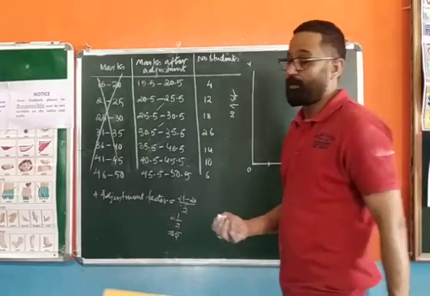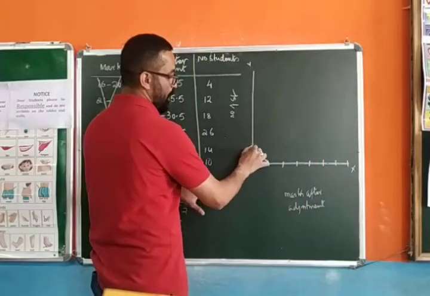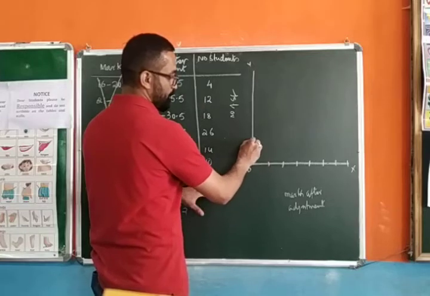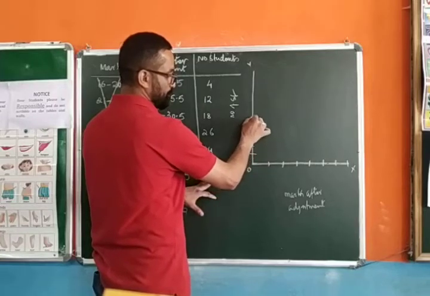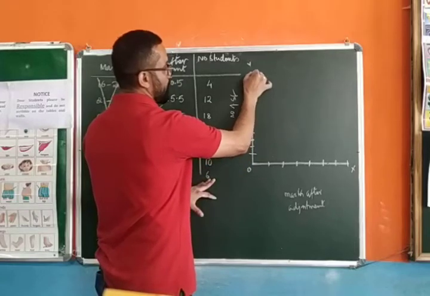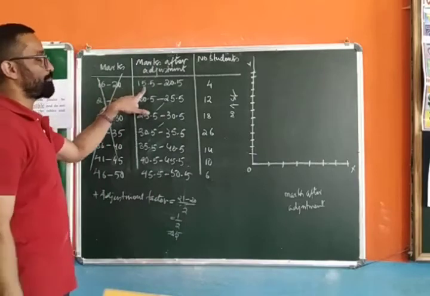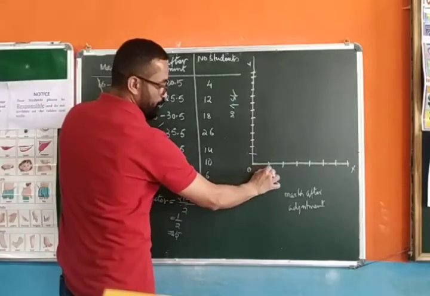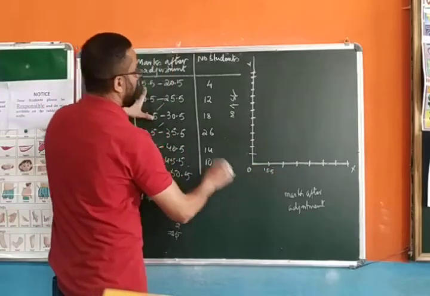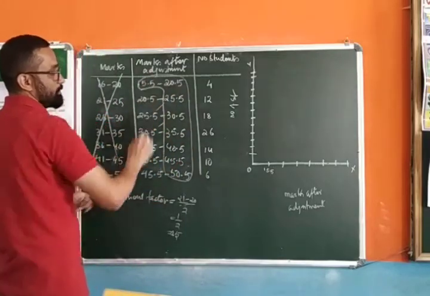You can take 1 centimeter here. First mark it, then use the scale arrangement. The first one is 15.5, so you write 15.5 here.